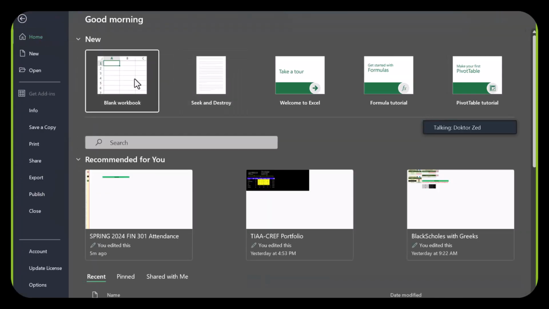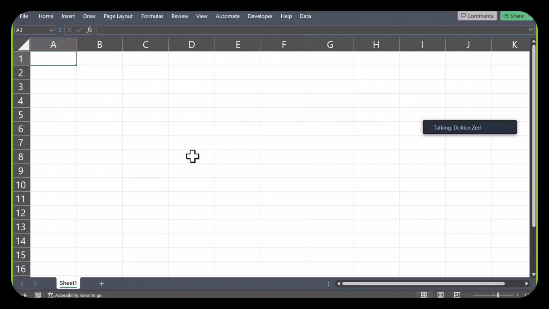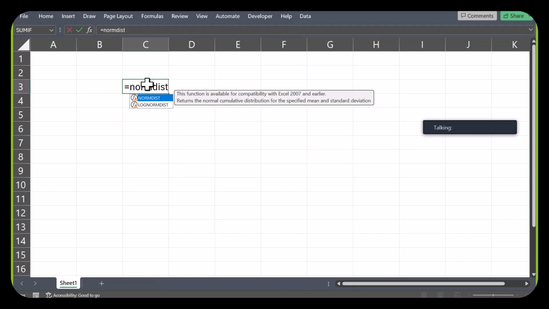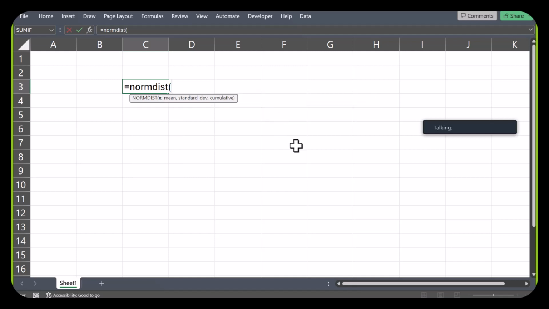I'm just going to do a blank workbook. My strike is 27. Oh, I need to put the current price in there. 27.15, let's say, times 1 plus the drift, and 12.87% is the volatility.